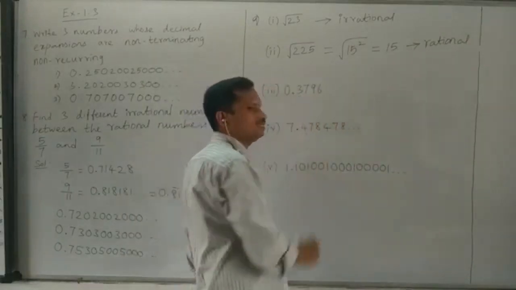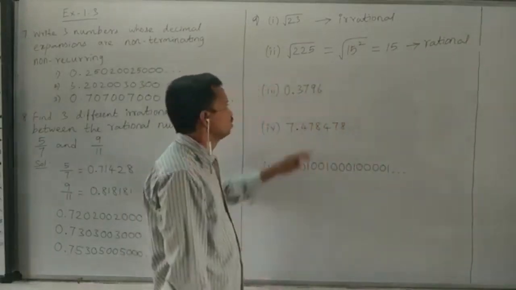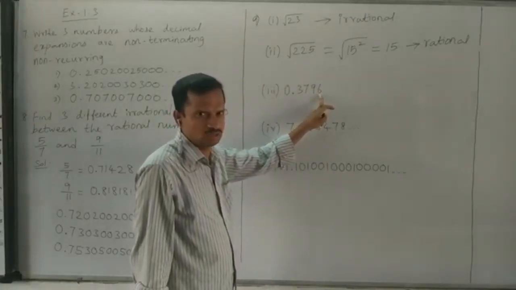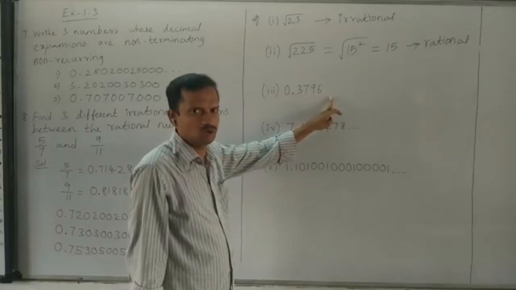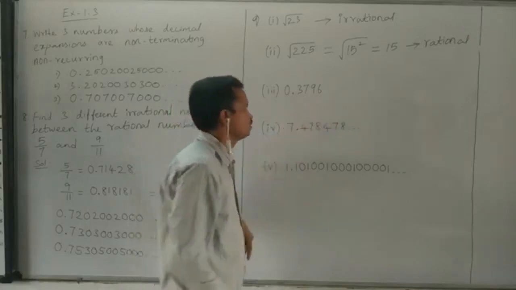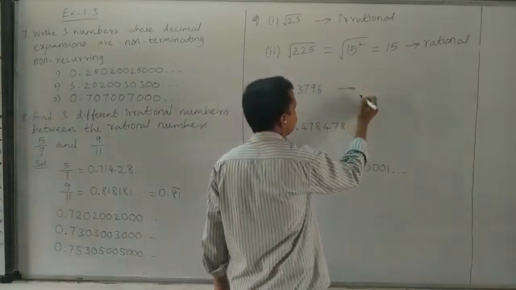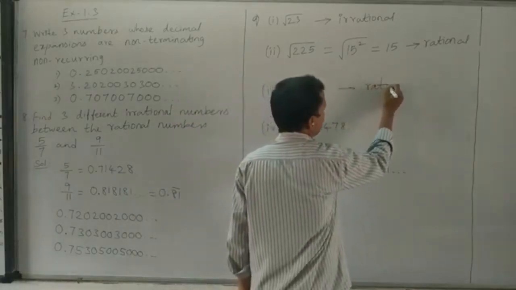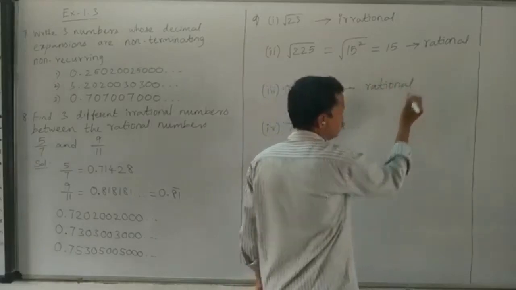And 0.3796. So it is terminating. So after this digit 6, there is no other digit coming. So terminating. From the decimal expansion which terminates, then it is rational. Is it clear?